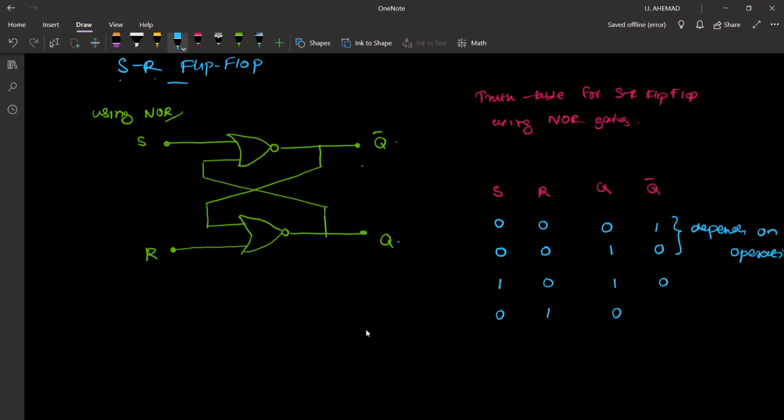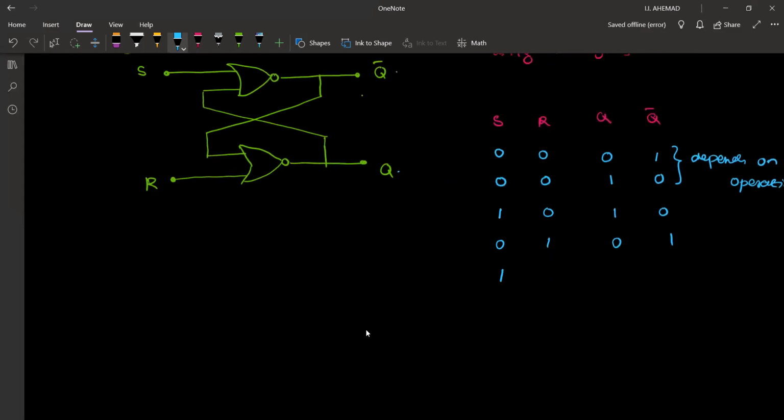Q will become 0 and Q bar will become 1. We don't keep both of them at high values. It is avoided.